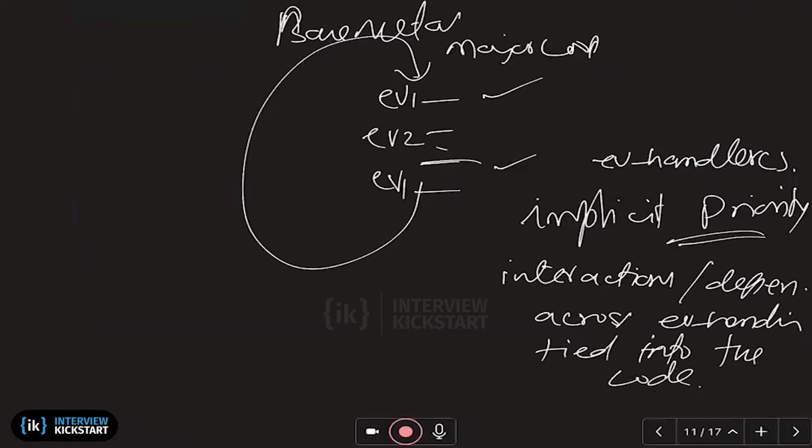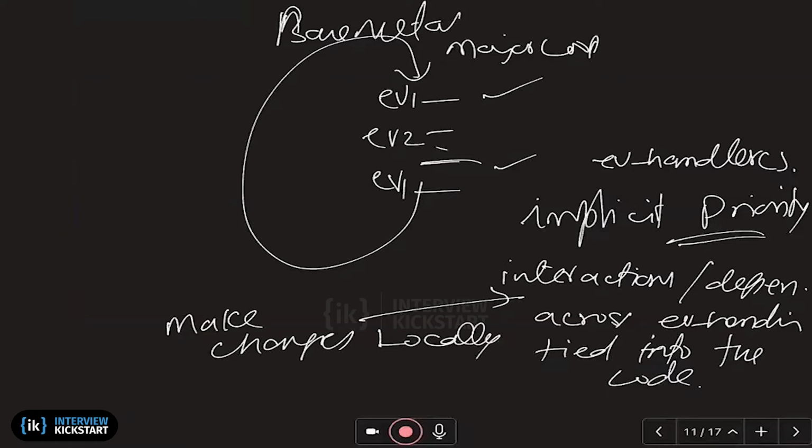You have to make sure that all the interleaving patterns are okay and they're not violating any timing constraints, etc. So when you talk about interactions and dependencies, the bare metal non-OS environment makes it harder to make changes locally. That is where an RTOS helps.